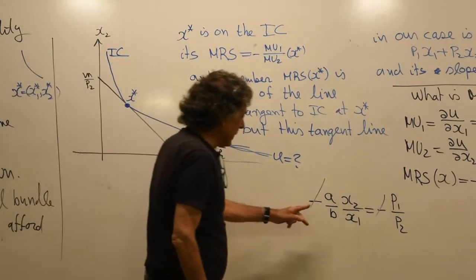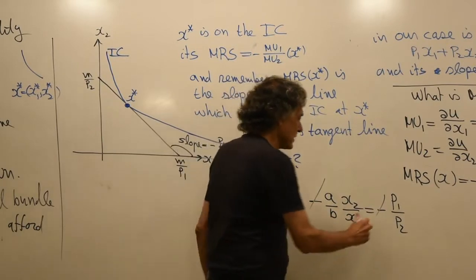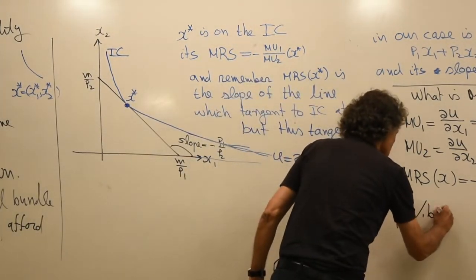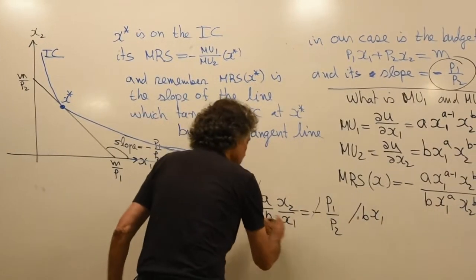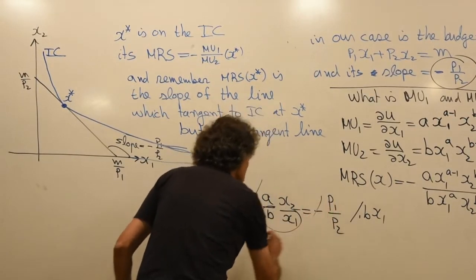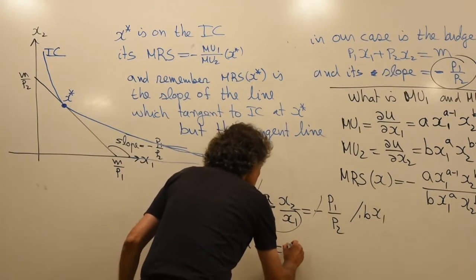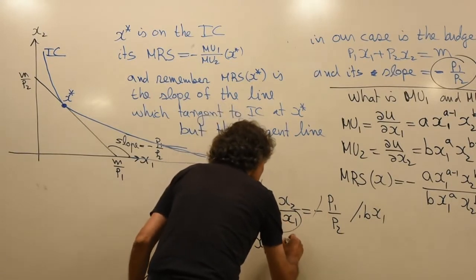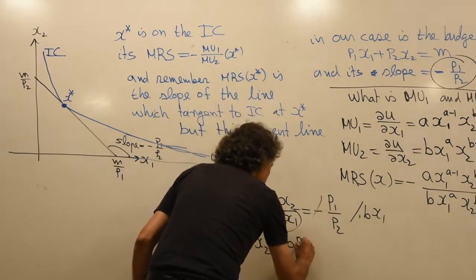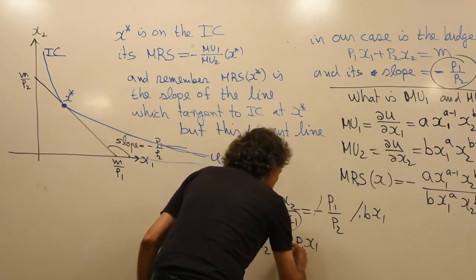If I multiply everything by b times x1, I get that a x2 equals b p1 over p2 times x1.